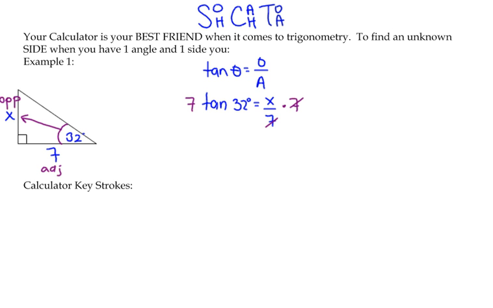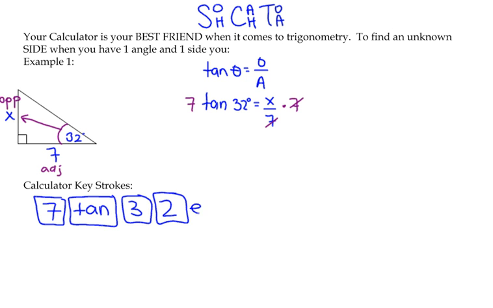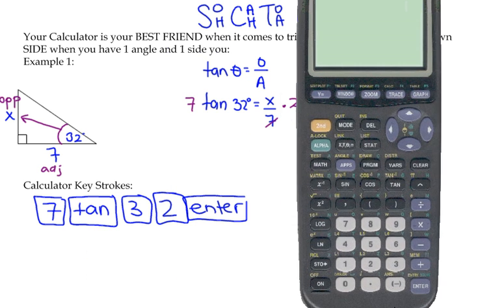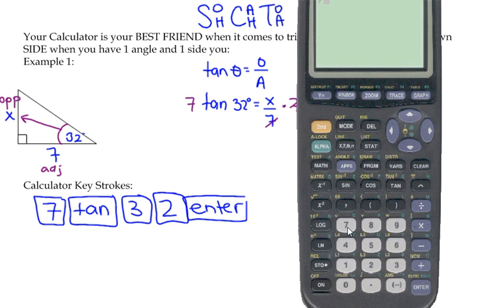Yeah, we sure can. So keystrokes would be 7, tan, 32. Enter. Okay, you don't even have to push the times symbol. You're welcome to. But as long as it's in front, it automatically knows we're doing the operation of multiplication.